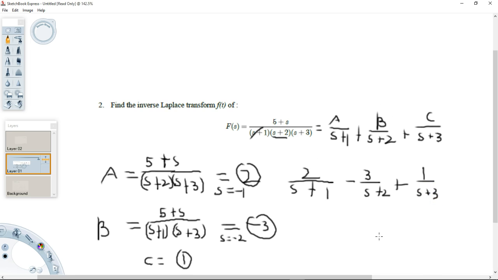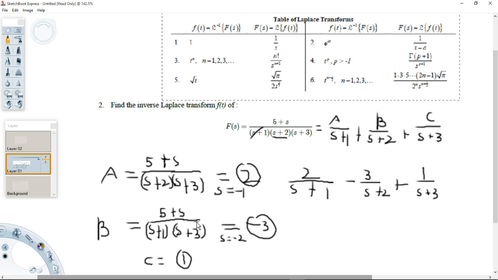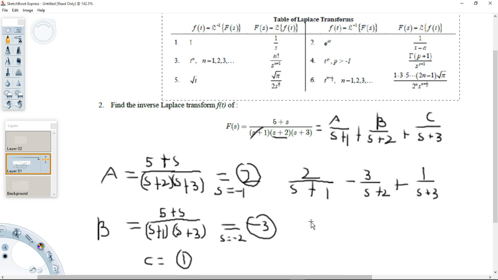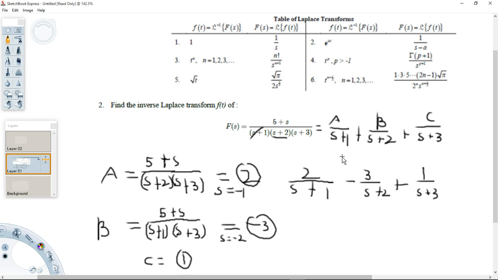So from this, you want to be able to convert each one into the time domain. It's a lot easier to do this now because you have broken this up into components. So what I just added was a table of Laplace transforms, and this will allow us to convert it back into the time domain. This is what is commonly used.